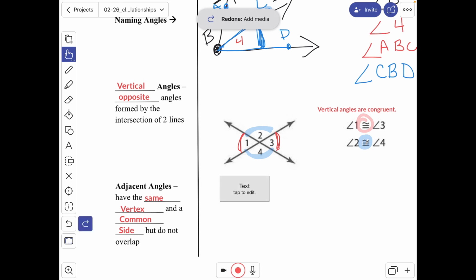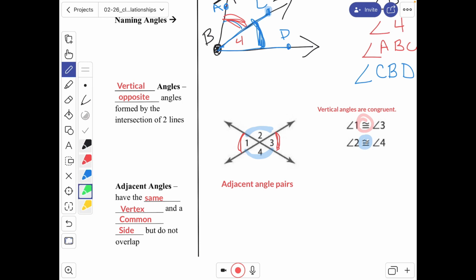So let's name some adjacent angles that are in our little example here. So angle 1 is adjacent to angle 2. They are right next to each other, is basically what adjacent means. So angle 1 and angle 2 are adjacent. And angle 2 and angle 3 are also adjacent.